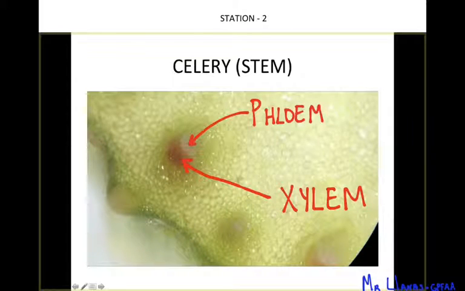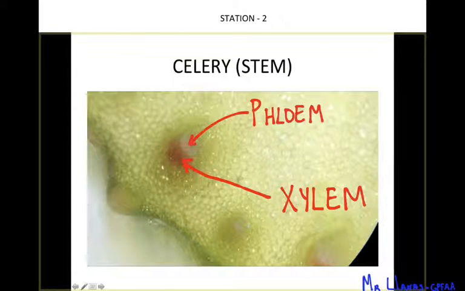We also looked at celery, and we dipped the celery in water with red food coloring, and that's why we're pointing to the red area in the picture as the xylem, and the phloem right underneath it. Remember, xylem moves water up to the leaves from the roots. Phloem moves glucose and nutrients all over the plant. So xylem flows up, phloem flows in multiple directions.